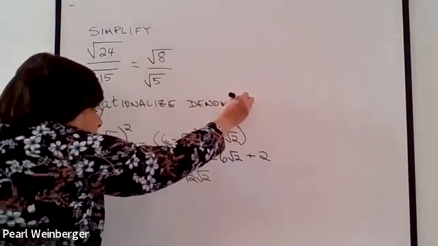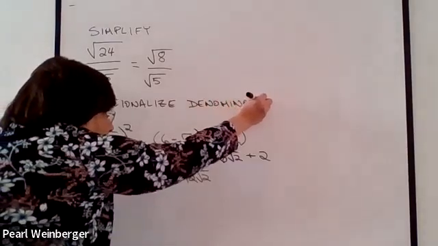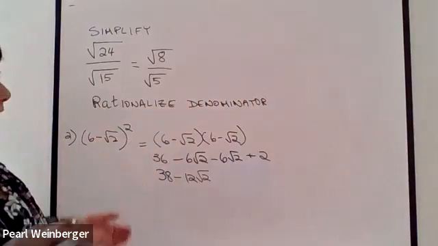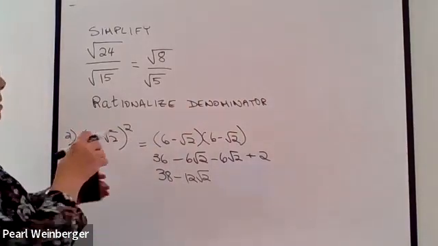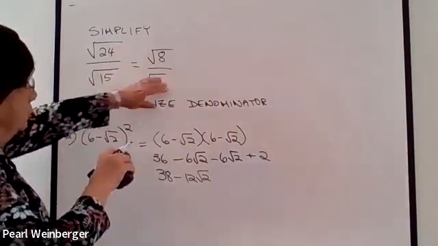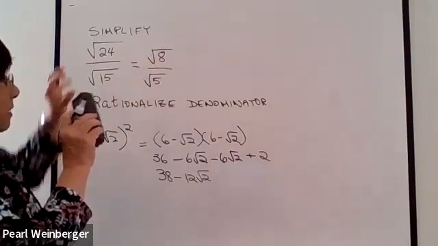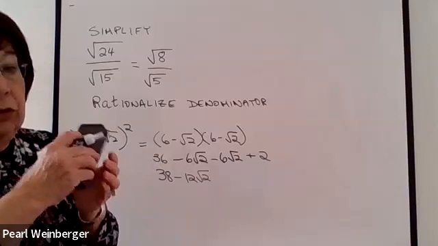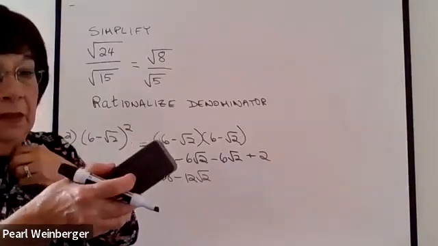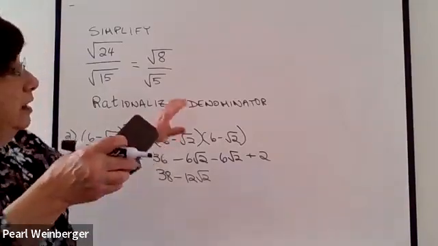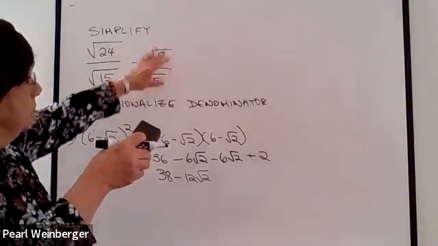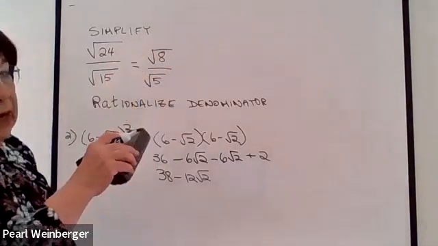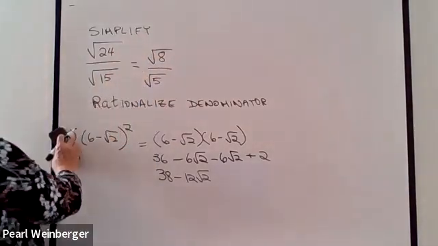This is something we didn't have to worry about when we were multiplying, dividing, adding and subtracting. But once we have fractions, the term simplify includes in its meaning that you don't leave a radical in the fraction.